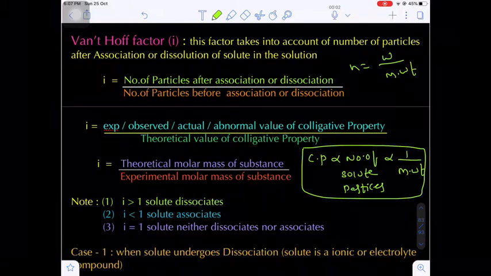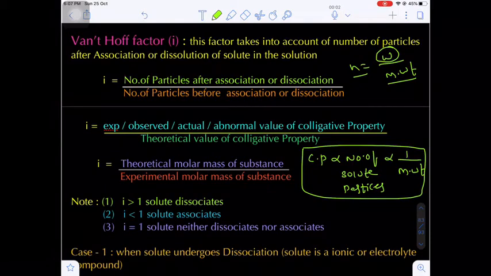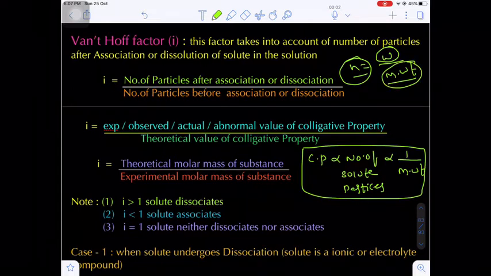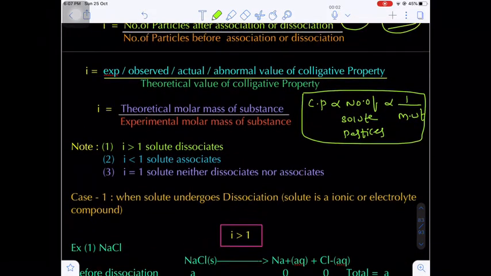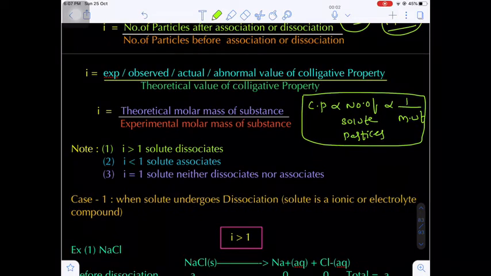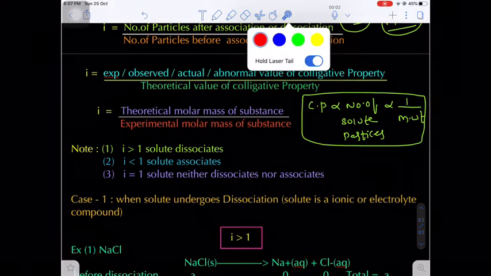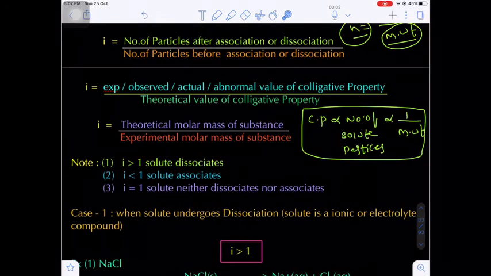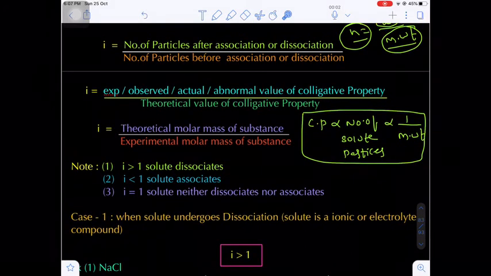Now, here molar mass and number of moles, if you see, are inversely proportional for a given amount of a substance. Okay, if the number of moles or number of solute particles increases, that means the molecular weight decreases, or vice versa. Are you getting my point? Now, that's why, instead of colligative property, if I want to make it into molar mass, what I have to do is interchange these two.